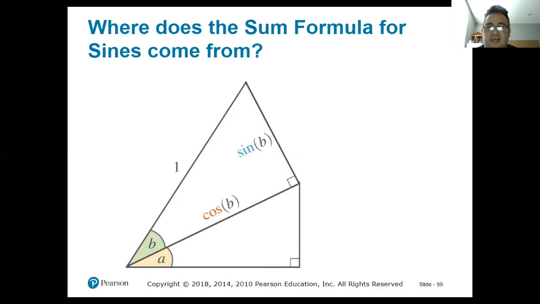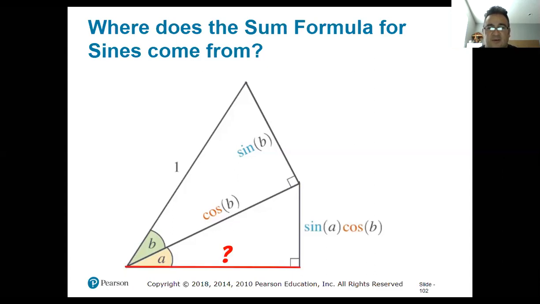Now be careful on the next one, because the hypotenuse length is no longer going to be 1. So what's this one going to be over here? Sine of A times cosine B, because my hypotenuse is cosine B. Sine A cosine B, right?